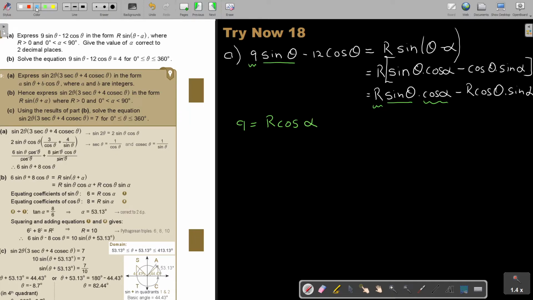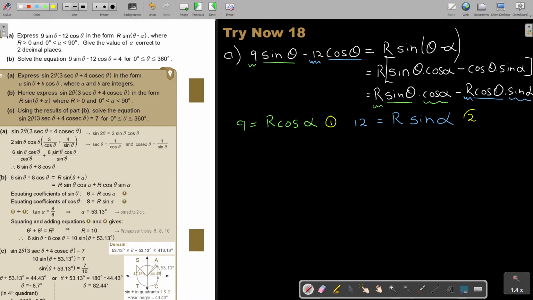And then I do the same with the other one. The signs are the same, so leave the sign out. So there is cos, there is cos. So I'm going to say that 12 is equal to R sin alpha. Okay, this is equation 1.